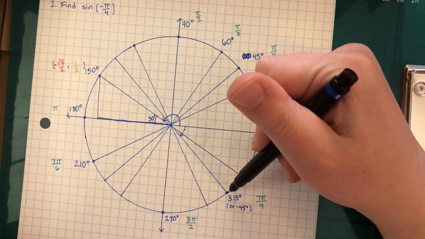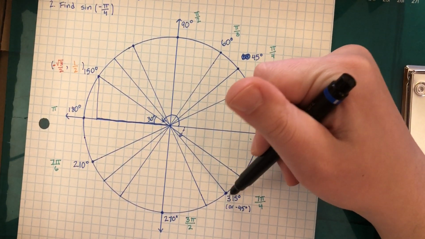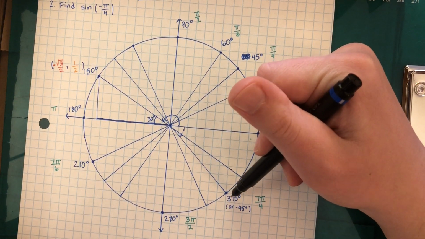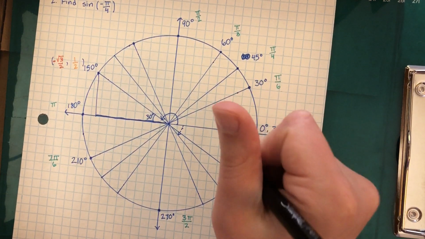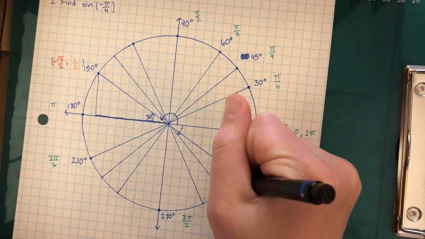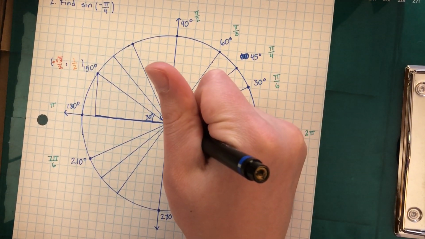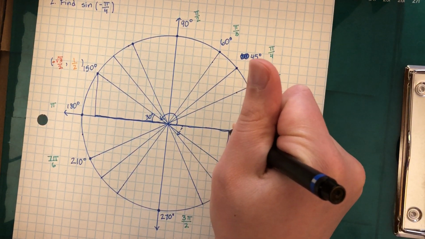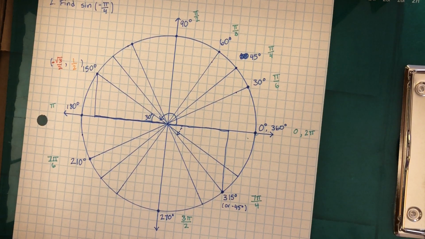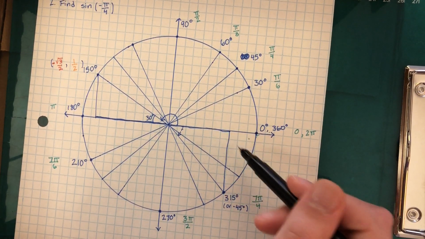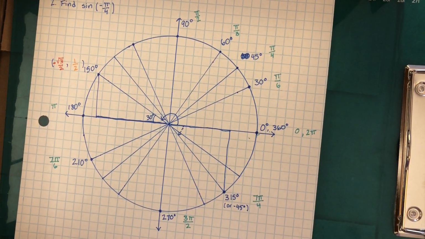Either way, the sine and cosine of this angle are the coordinates of this point. And if I think about my reference triangle, I can see that it has angles of 45, 45, and 90, which means that both of these sides have a length that is the square root of 2 over 2.